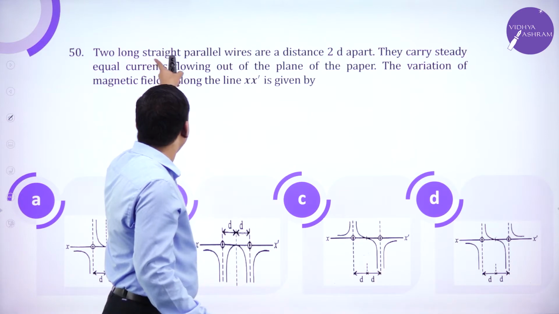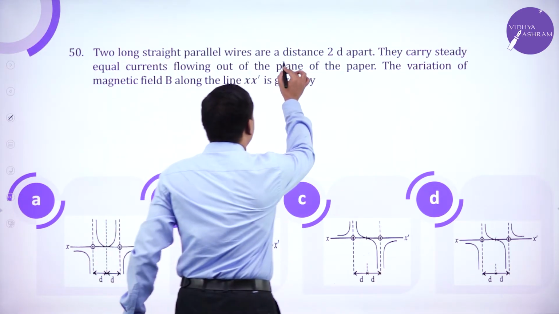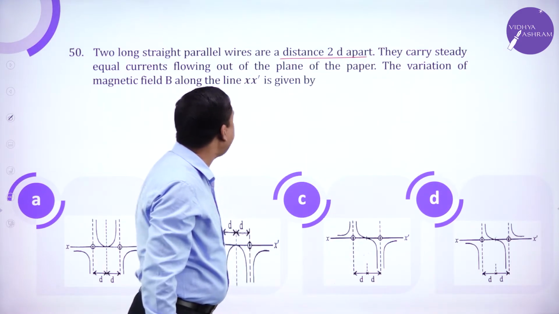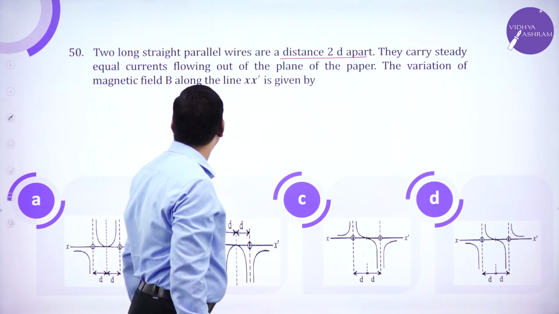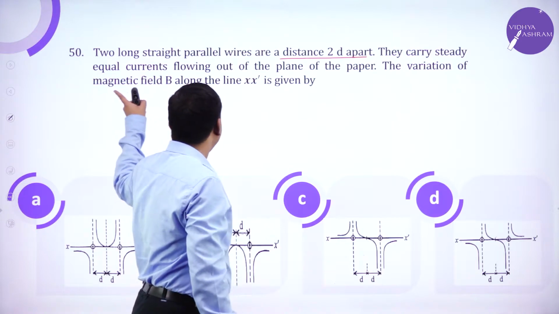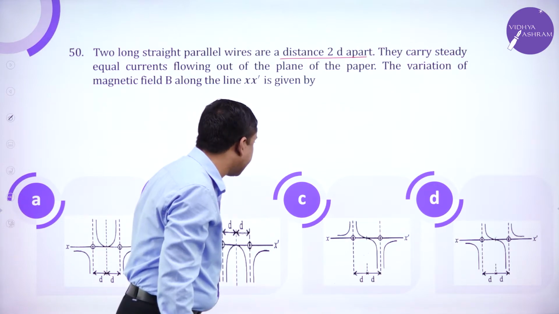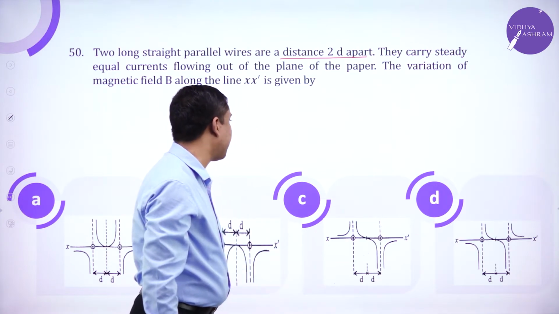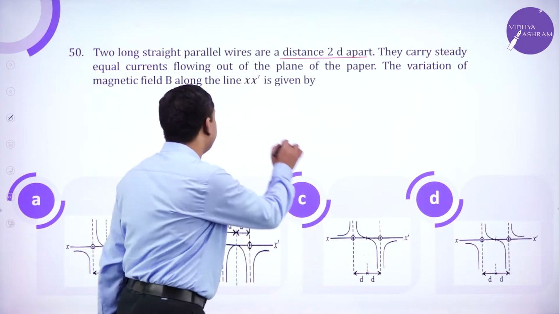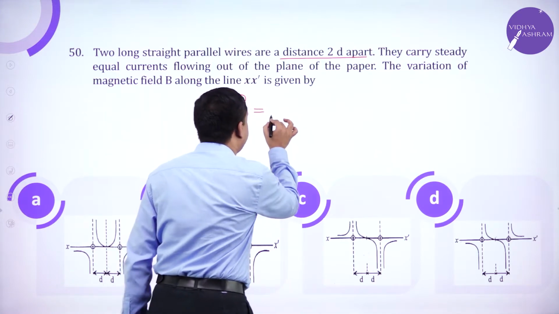Two long, straight, parallel wires are a distance 2d apart. They carry equal currents flowing through the plane of the paper. Variation of the magnetic field along the line XX dash has to be shown. Now, how do we calculate magnetic field due to a straight wire?